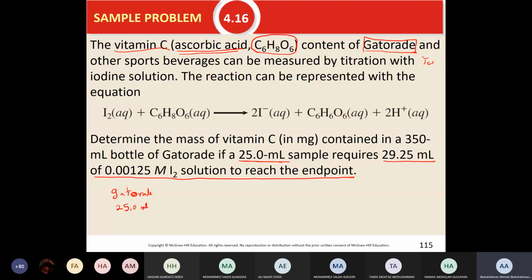So we have 29.25 milliliter iodine with the concentration of 0.00125 molar iodine. Then how many moles iodine did I use in this reaction?